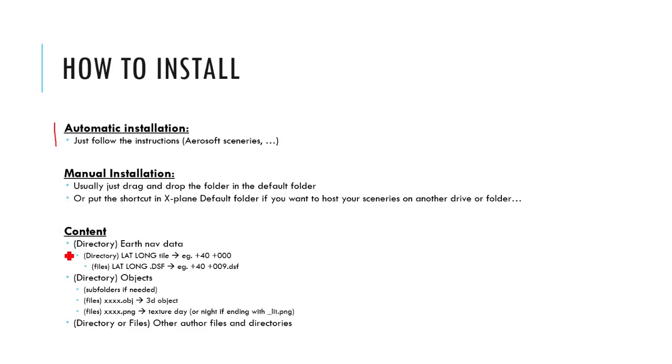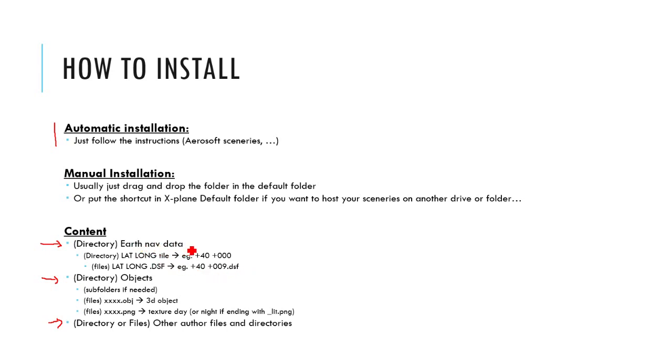Content. The main folders you will see are this one, and you may also see this kind of folder. So you have Earth nav data, in which you will have another folder, the latitude-longitude folder, and inside you will have DSF files, usually named like that, .dsf.